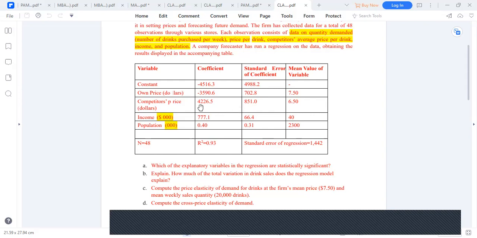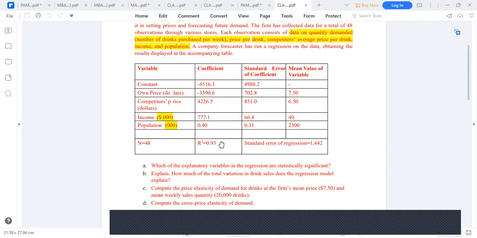We also go here under competitor's price, we divide the slope by that, we're going to get 4.9. We also go to the income, we divide 77.1 by 6.4, we get 11.7.